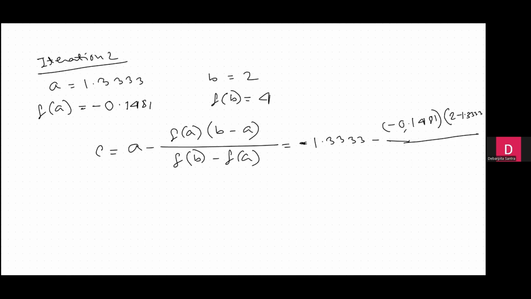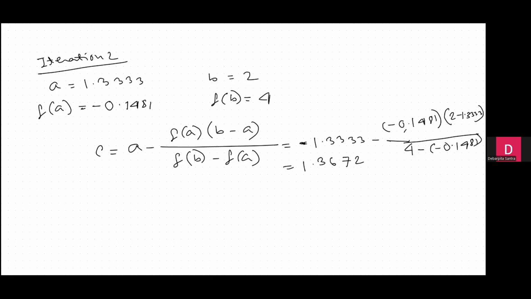Okay. Divided by f of B minus f of A, that means 4 minus of minus 0.1481. And if we calculate this, we will find C will be equal to 1.3672. Okay, so that is our new C.